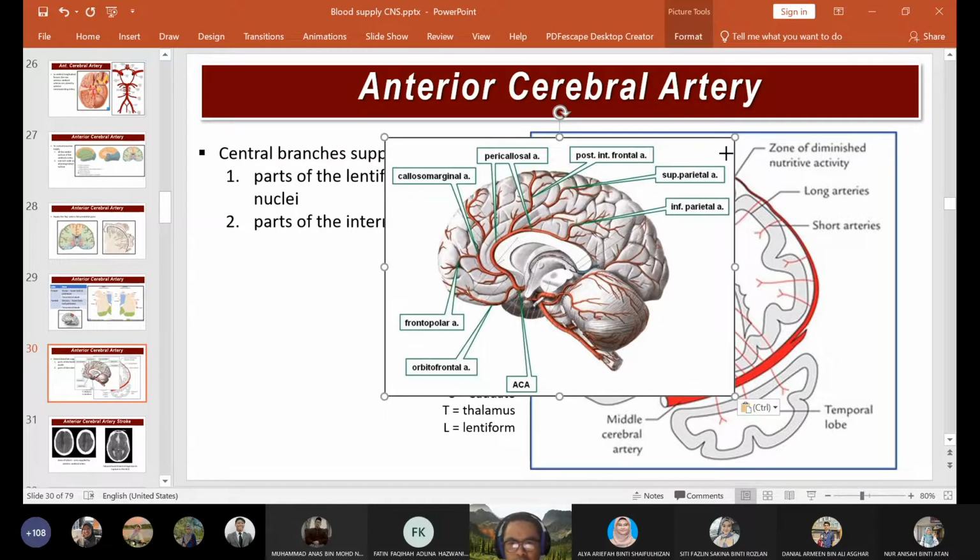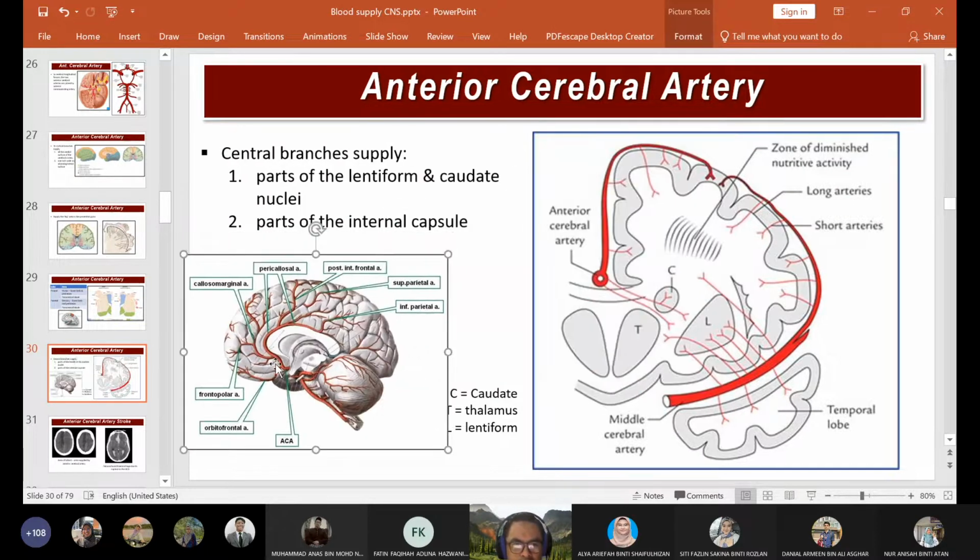So, can you see the curve? Now it's above the corpus callosum. Here is above the corpus callosum. Can you follow? Curve above the corpus callosum. Here is also above the corpus callosum. So then it will supply the medial side of your brain and then a bit of the lateral side above.